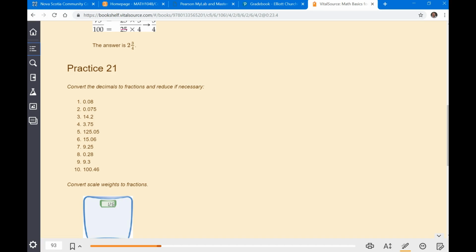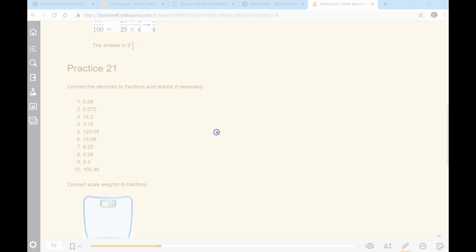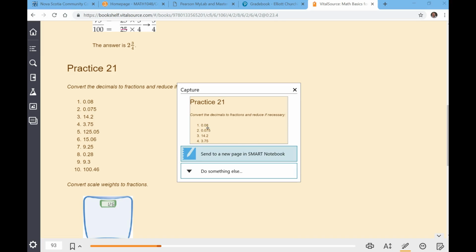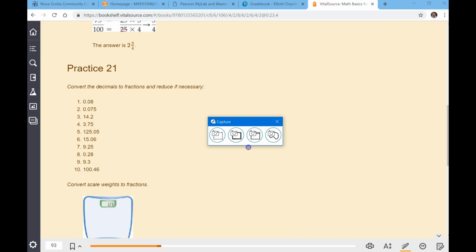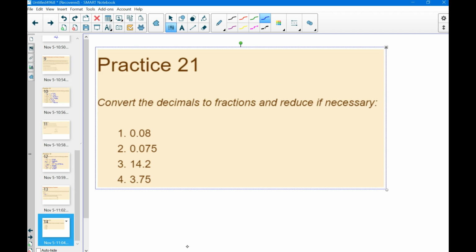Alright, let's try some of these questions. It says convert the decimals to fractions and reduce if necessary.